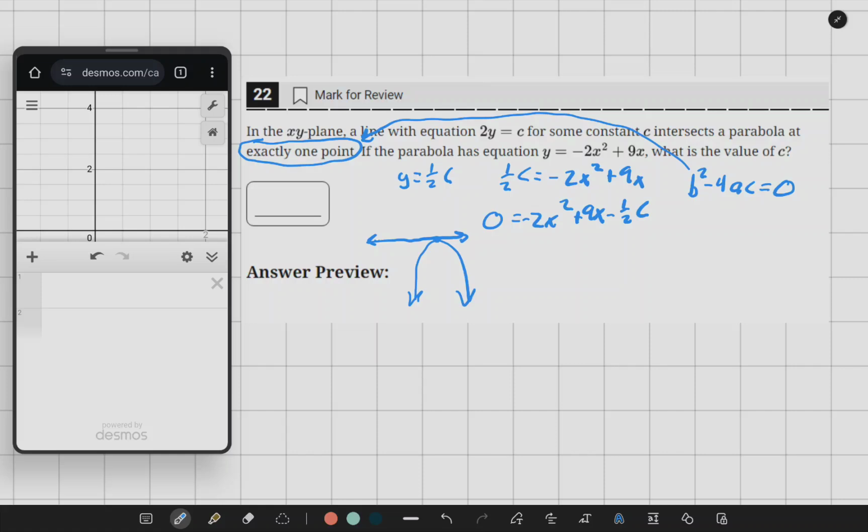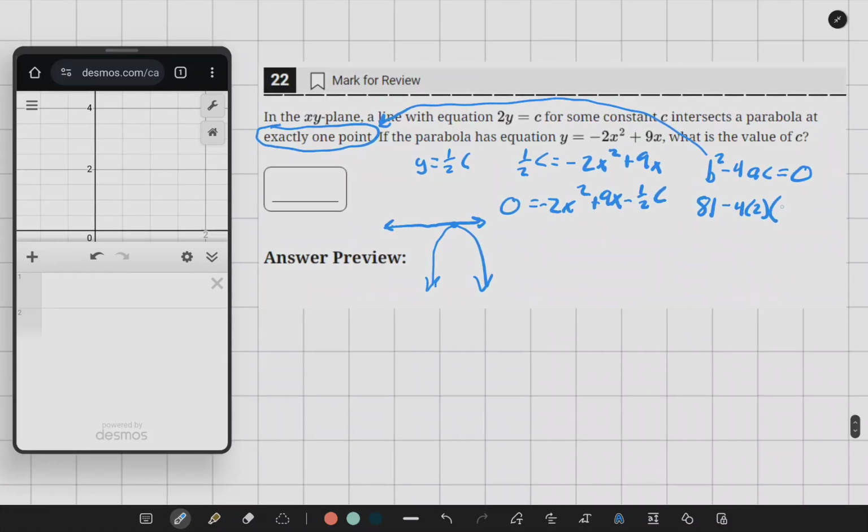So we're just going to plug in our numbers. So b squared is going to be 81 minus 4 times 2 times negative 1/2 times c equals 0. So that gives us, if we move everything to the other side, well, this cancels out and becomes a positive. The 2 and 1/2 cancel out, and then that becomes a positive.